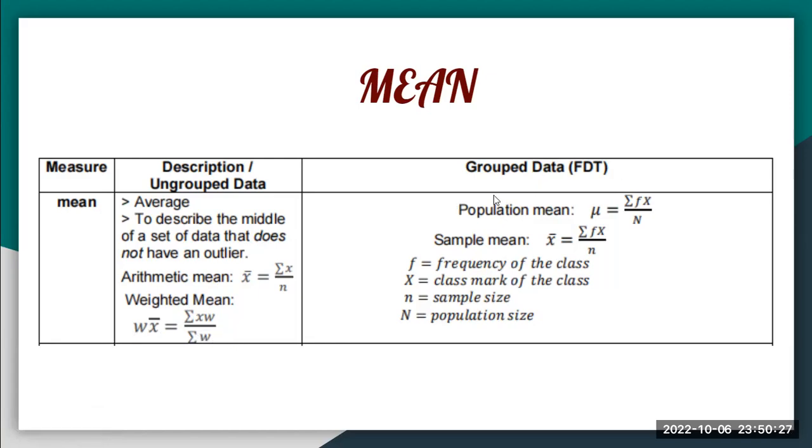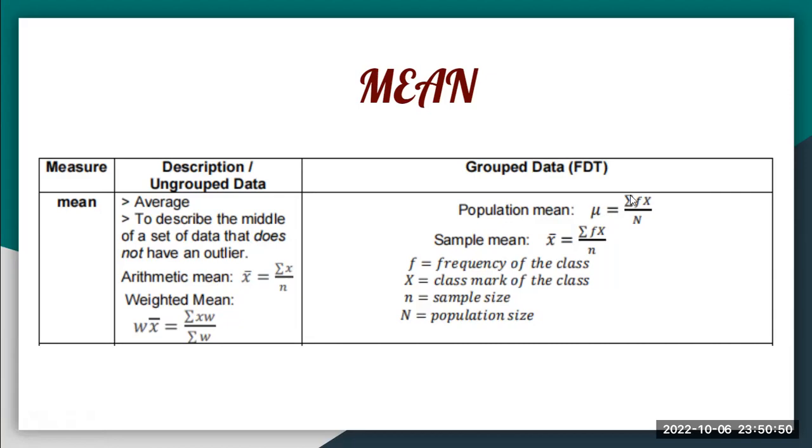And then for grouped data in frequency distribution table, ang kinocompute dun is the population mean, kasi di ba naka-arrange na siya in class intervals. So for the population mean, this is the symbol, yung parang letter mu. Okay, so tandaan yung pagkakaiba. This is arithmetic mean and this is population mean.